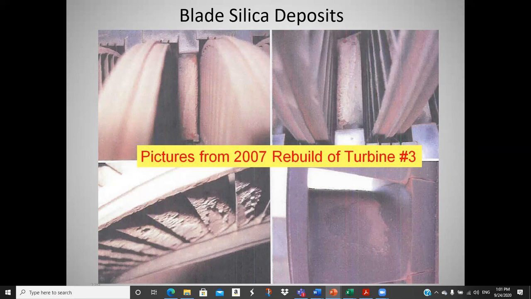So the silica rides with the steam through the turbine, and guess where it winds up? On the turbine blades. What kind of isentropic efficiency do you think those blades had? Not very good. So they have to clean this turbine every 5 to 7 years, and silica is hard to get off. You have to sandblast it off.